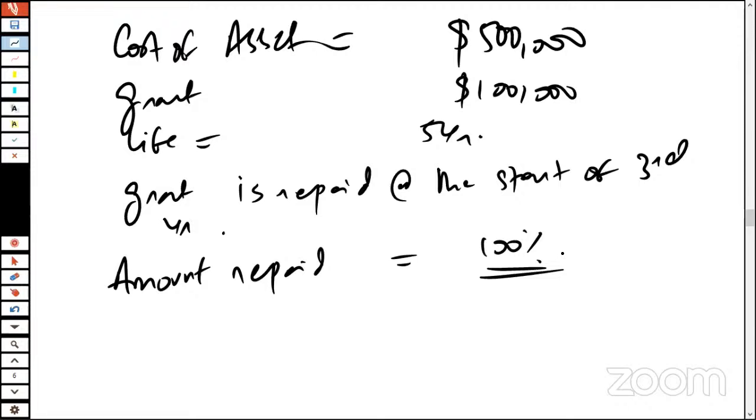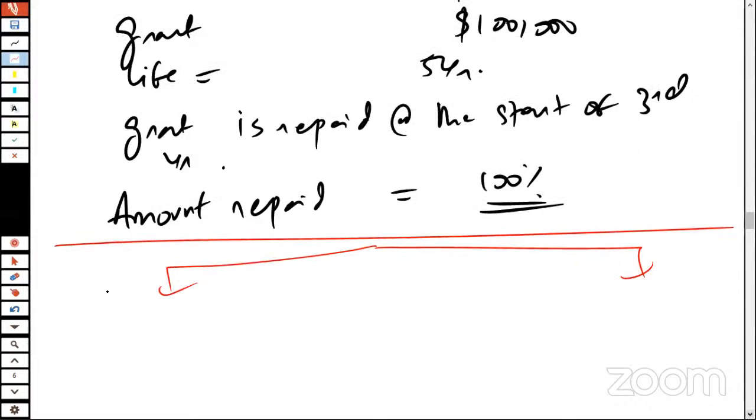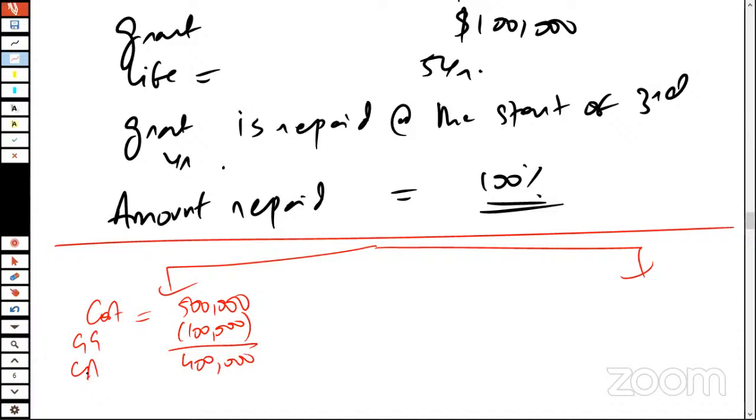So now, see what is actually going to happen. There were two ways of dealing with the asset related grant. One of them would have been that you would have simply said that the cost of the asset is 500,000. The government grant is 100,000. So resultingly 400,000 is the remaining carrying amount.